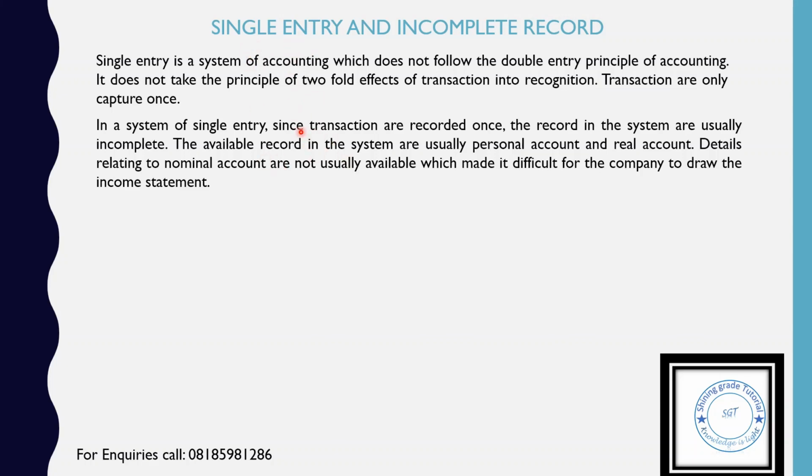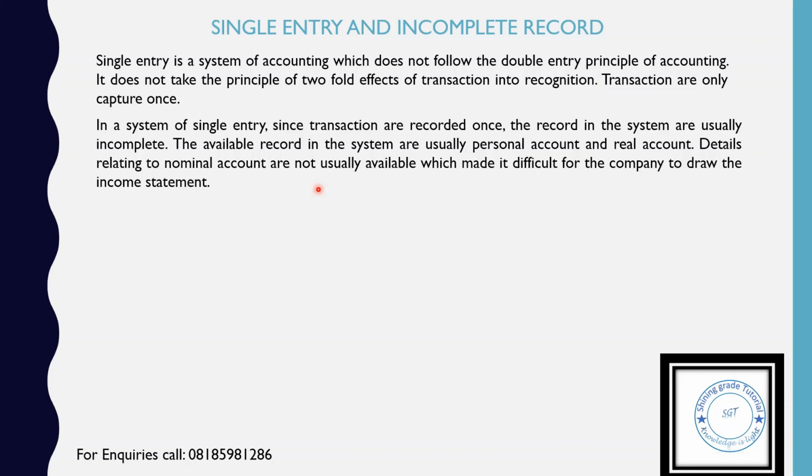The records that are available are details that relate to the personal accounts, that is the accounts of debtors and creditors, and the real accounts, that are your asset accounts, the accounts or details that are easily available in the system. Any item that relates to nominal accounts, like income and expenditures of the business, is difficult to obtain in such an environment. So in a single entry environment, nominal accounts are usually not available.